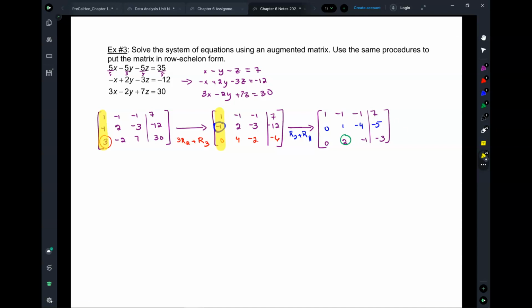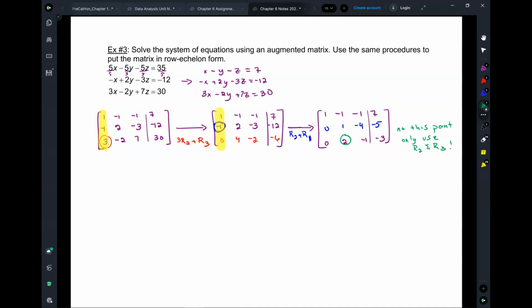So at this point, whoops, let me write that down. At this point, only use row 2 and row 3. Okay, so to use row 2 and row 3, I'm going to multiply this by 2 and subtract this.